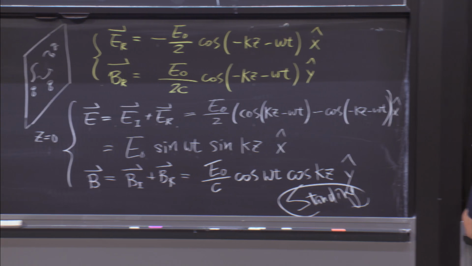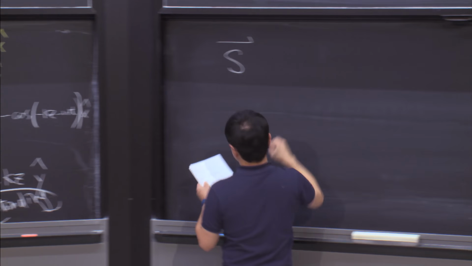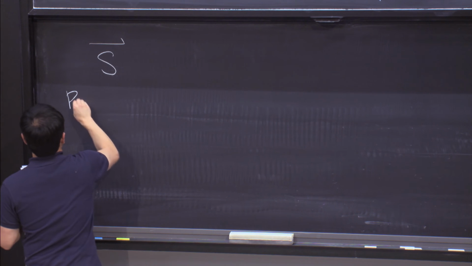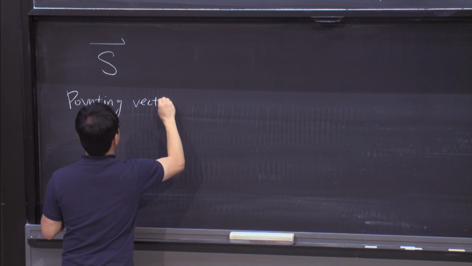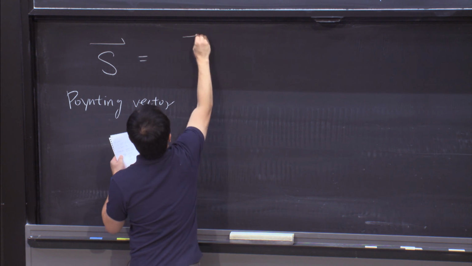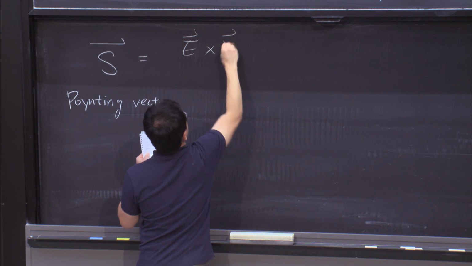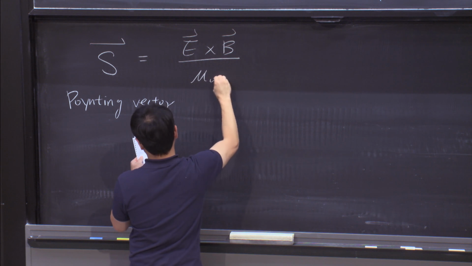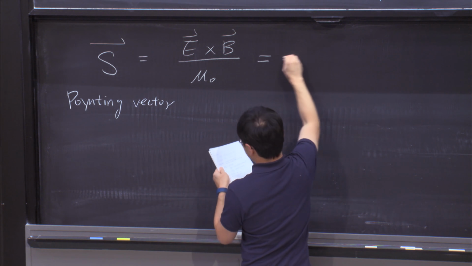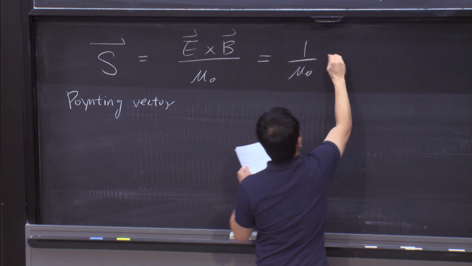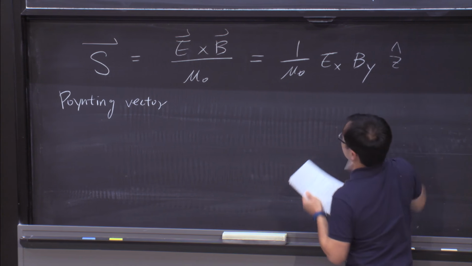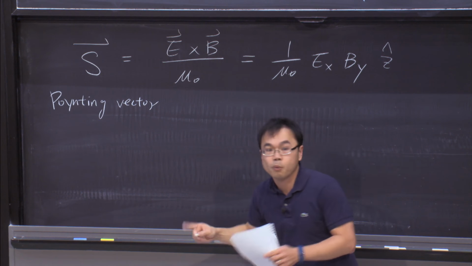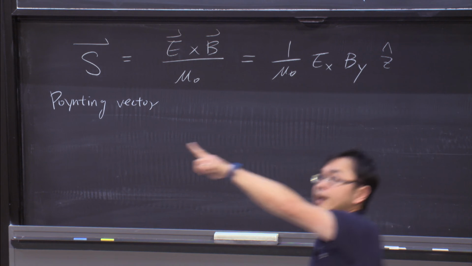So of course I can now calculate the Poynting vector. Okay, the Poynting vector is E cross B divided by mu 0. And this will be equal to 1 over mu 0, Ex By, in the z direction. There's only one term which survives. So the Poynting vector is not pointing around, okay?